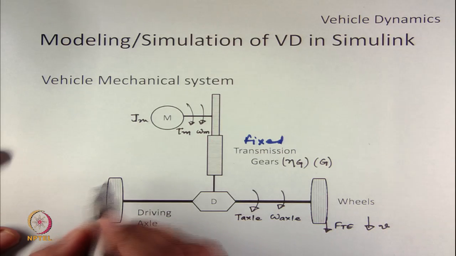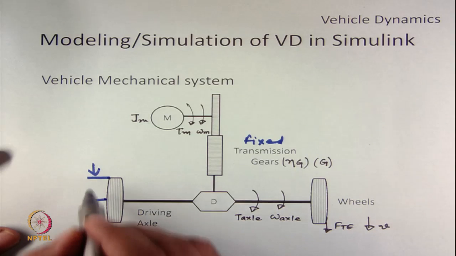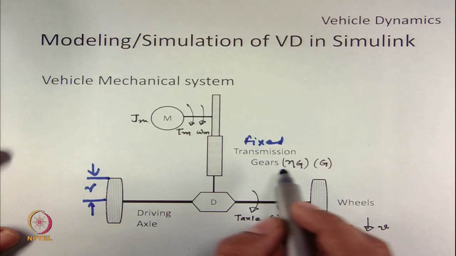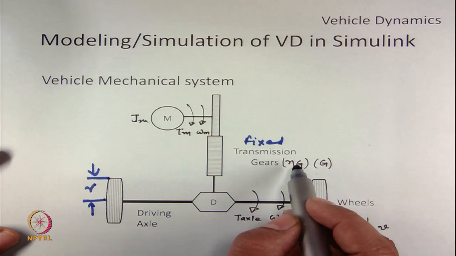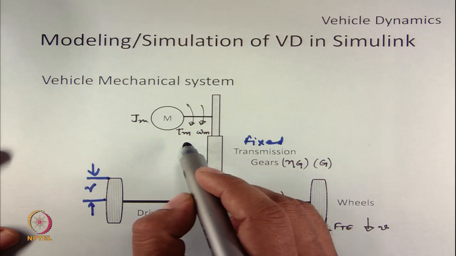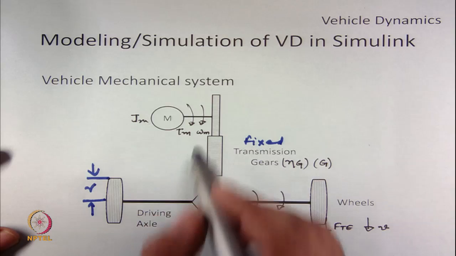If we know the radius of the wheels, we will be able to calculate the torque and angular velocity on the driving axle. Similarly, if we have knowledge of the gear ratio and the efficiency of the gear, we can calculate the torque that is required on the motor shaft and the angular velocity of the motor shaft.